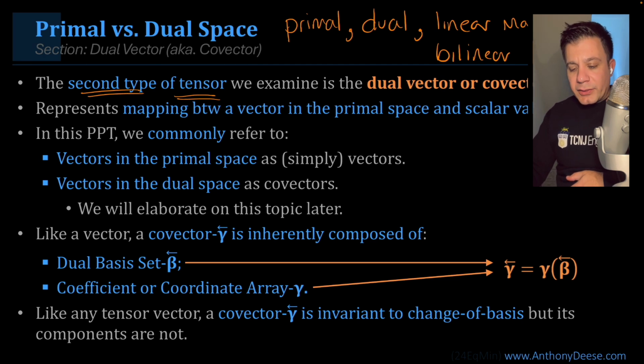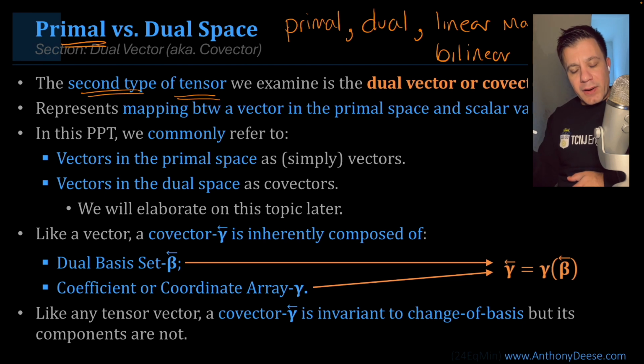Now, the dual vector is different from the primal because whereas the primal vector represented, and I kept on referring to it as a physical-like value, perhaps that qualifier is not needed, but regardless, it represents a value, right? Some value in some n-dimensional space, such as a position, a velocity, could be a charge value, whatever it may be, it's some concrete value.